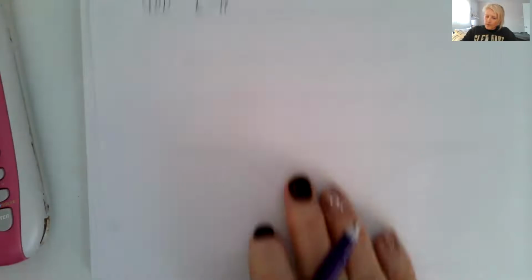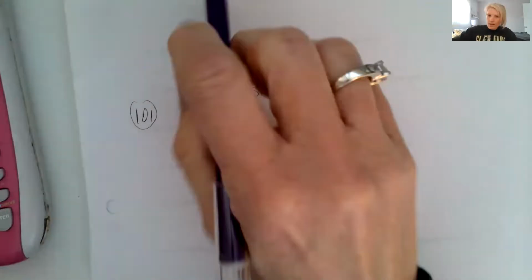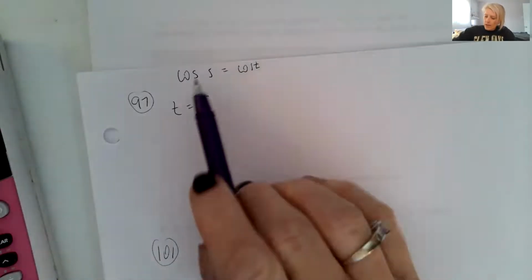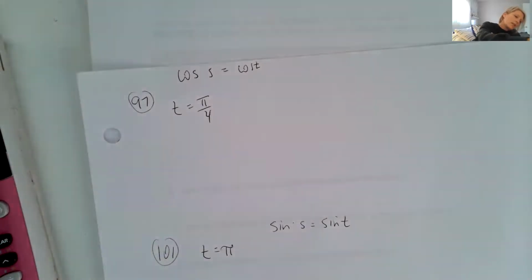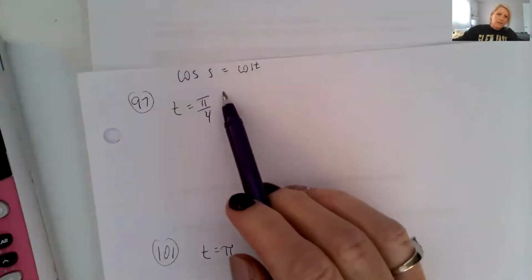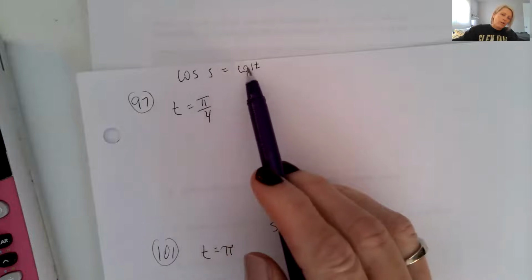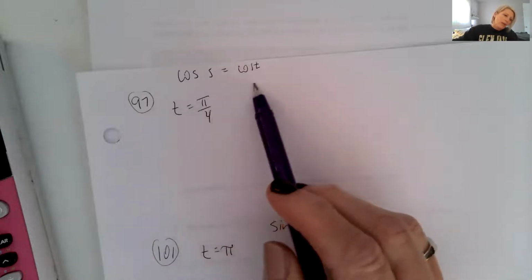So let's go to 97 and 100, 101, 97 and 101. So 97 and 101, they're asking us, 97 says, find an angle S and T such that cosine of S equals the cosine of T. So I have to find an angle S where the cosine of pi over 4 equals that.